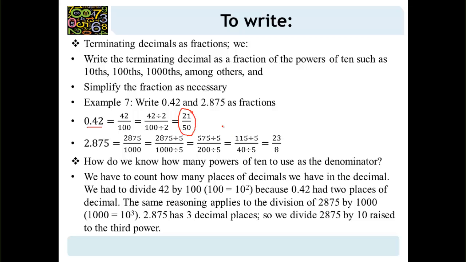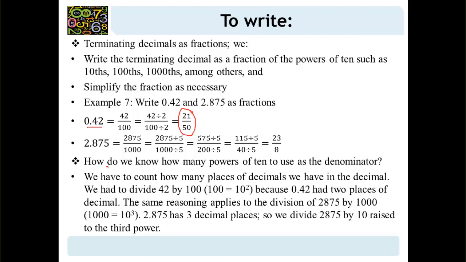Another example, 2.875. You ask yourself, how many decimal places does it have? 3. What do I mean by how many decimal places? How many numbers do you have after the decimal point? 3. So you now do 10 to the third power.